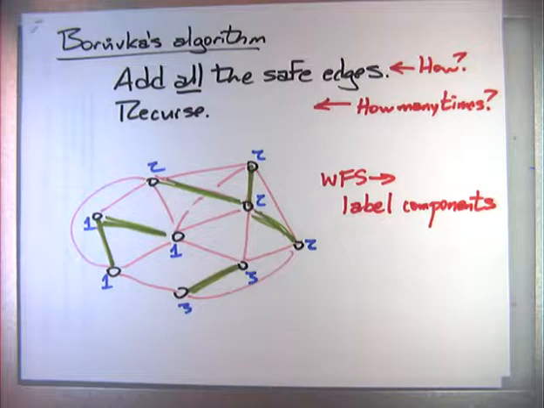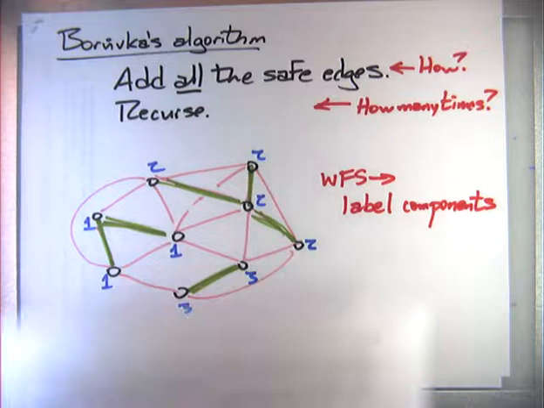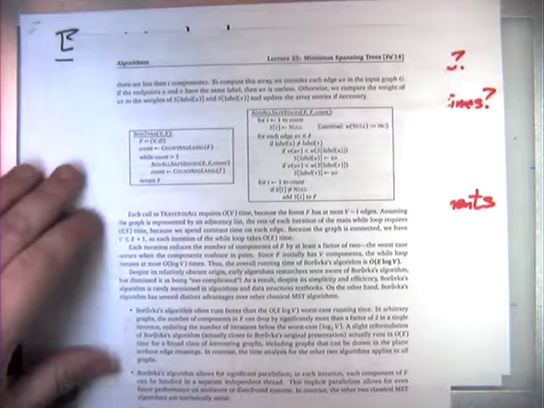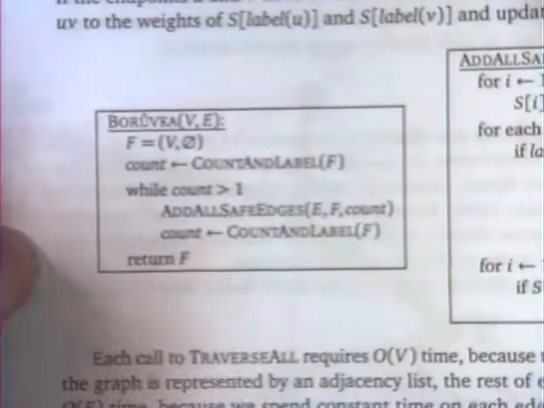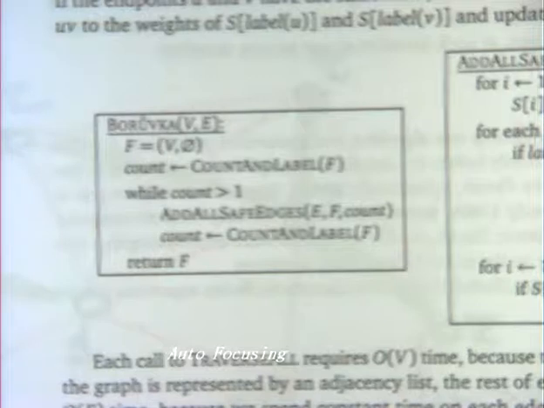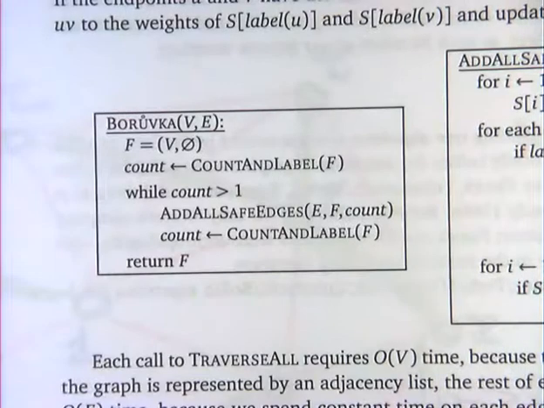And so in the end, you get an algorithm that looks like this. Here's the main wrapper function. CountAndLabel is a subroutine that uses whatever-first search to count the number of components in F and label each vertex in F with a number that corresponds to its component.